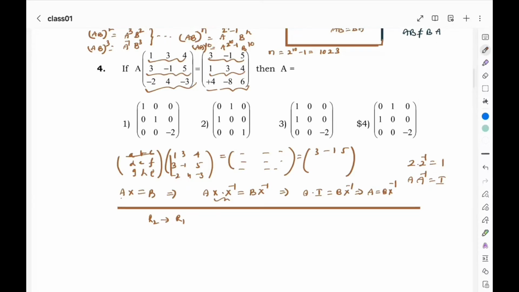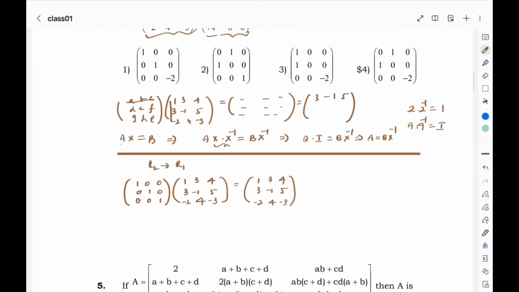So actually here, in the place of A, because these elements are not changed, 0 1 0 0 0 1, you take the identity matrix, 1 3 4, 3 minus 1 5, minus 2 4 minus 3. Once you multiply any matrix by identity, you get the same matrix.